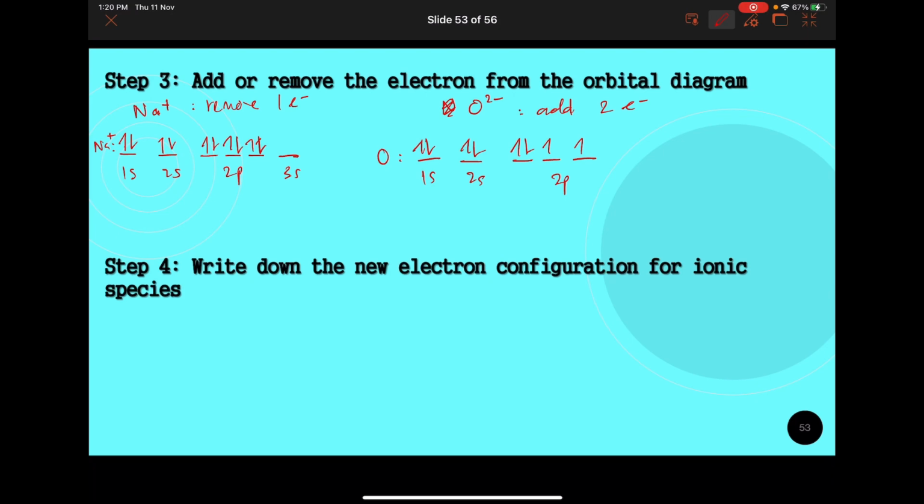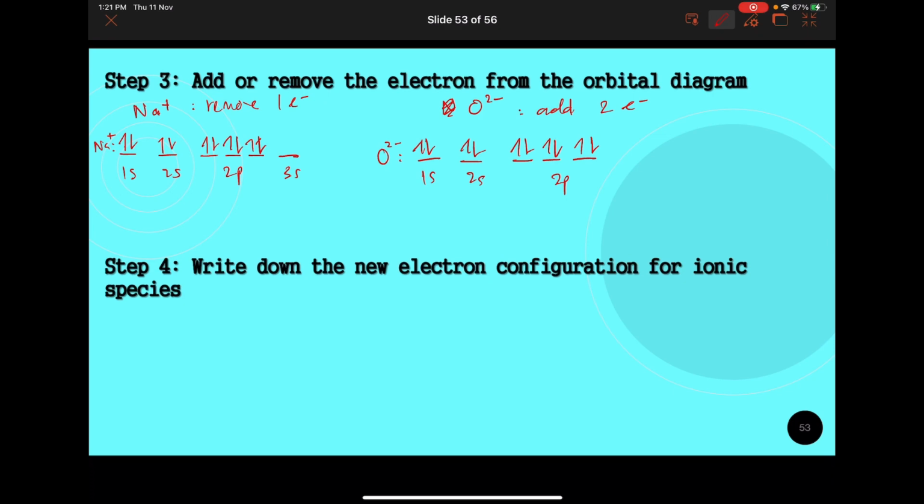Then since in oxygen ion it added 2 electrons, we add 2 electrons into the orbital diagram, then it becomes 2 minus. So this is how to draw the orbital diagram for sodium ion and oxygen ion.